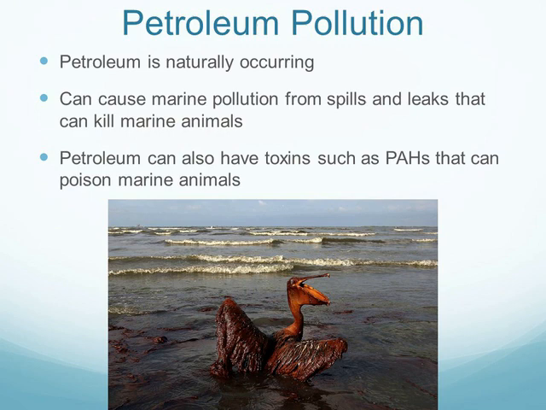If this pelican does not get help right away, it will die of hypothermia because that oil has seeped through all the layers of its feathers. So the water that the pelican is sitting in is penetrating all the way to its skin and causing it to lose heat very rapidly.